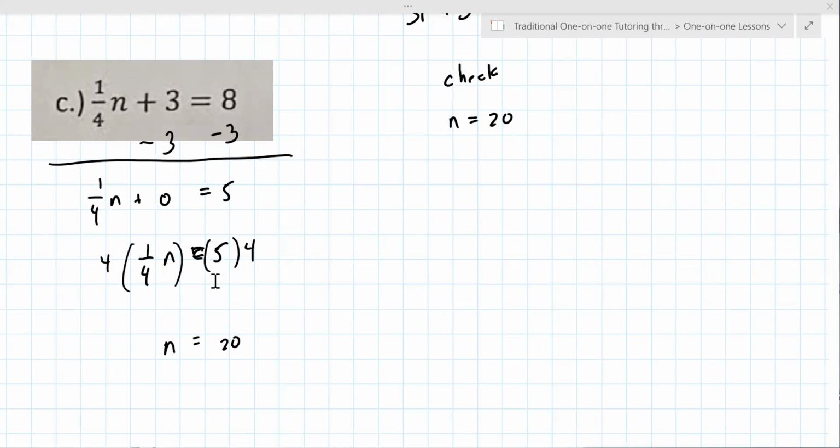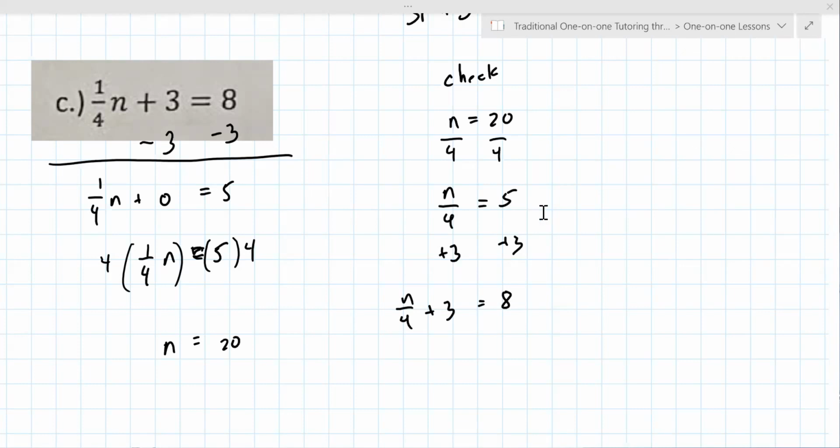So you want to divide both sides by 4. Then you add 3, because you subtracted 3, so you want to write your line, but then you're going to add 3, so it's n over 4 plus 3 equals 8. That's what I meant.